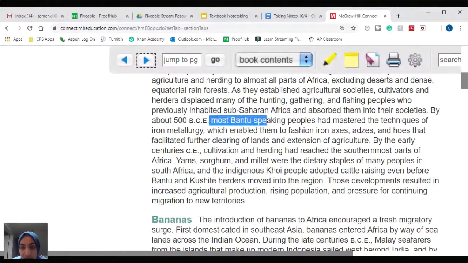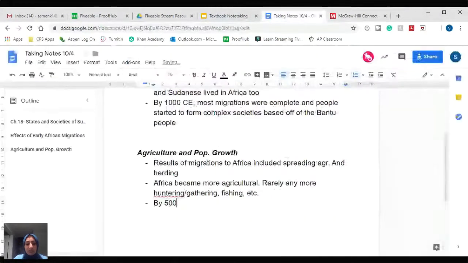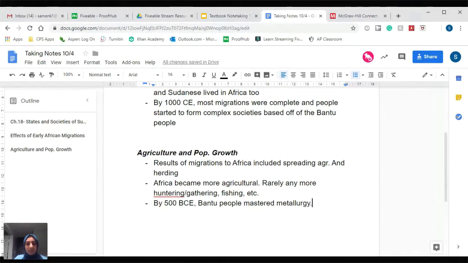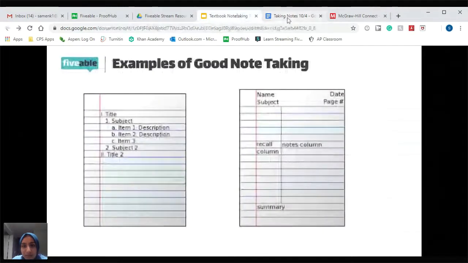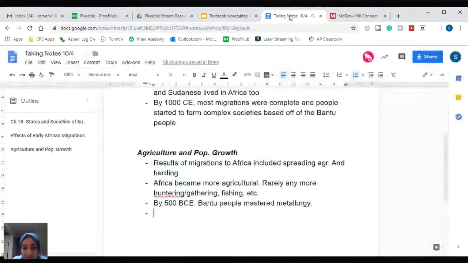So I think that's an important aspect. So we could say by 500 BCE, Bantu people mastered metallurgy. You can list the examples of the types, like the hoes, the axes, all of that, but I don't think that's necessary.